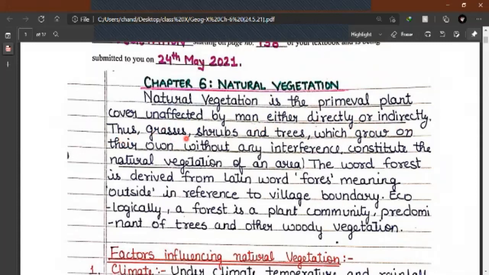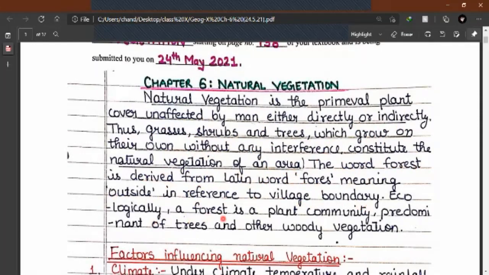Thus, grasses, shrubs, and trees, which grow on their own without any interference, constitute the natural vegetation of an area. The word forest is derived from the Latin word foris, meaning outside, in reference to village boundary.